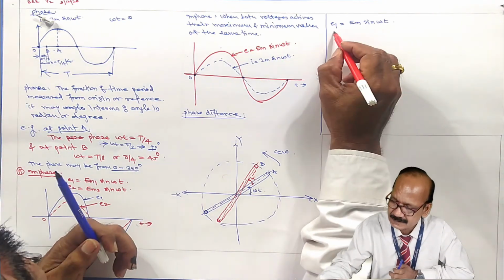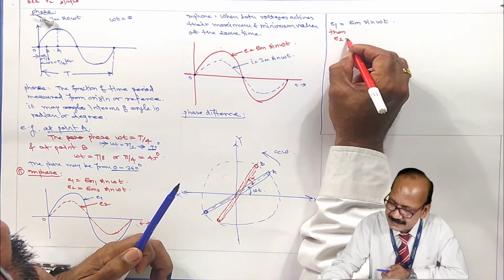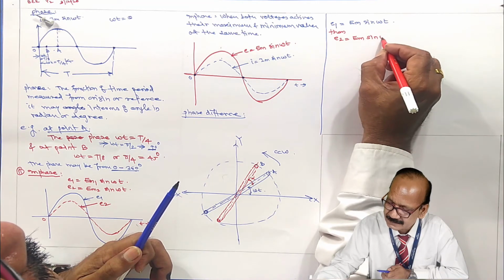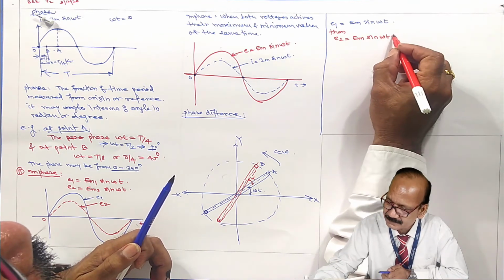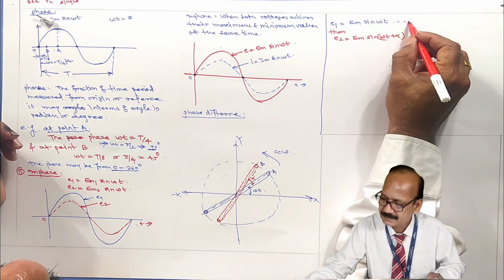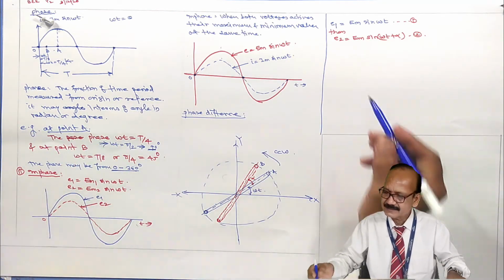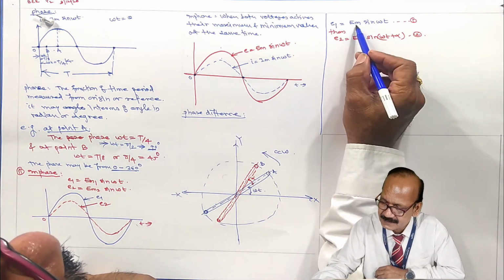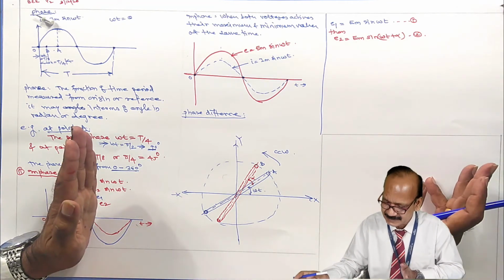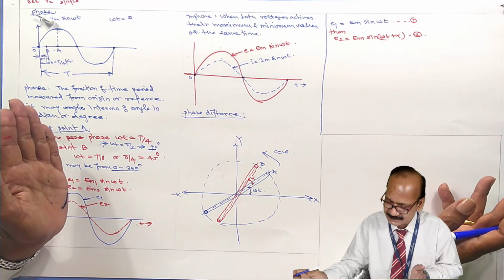Then EMF induced in coil B, E2 equal to E max sin (omega t plus alpha). So here the magnitude of induced EMF in both the coils is the same because the number of turns is the same, their size is also the same, and they are placed in the same magnetic field, rotating at the same speed.